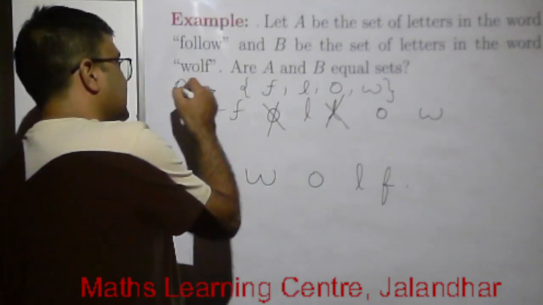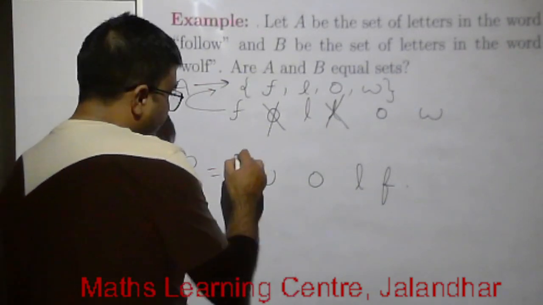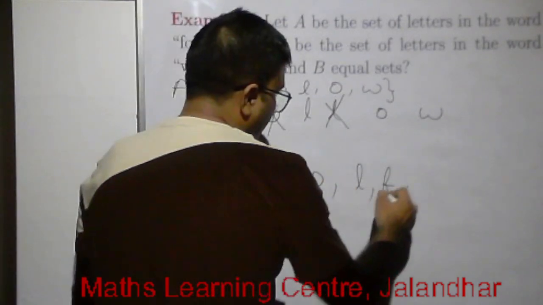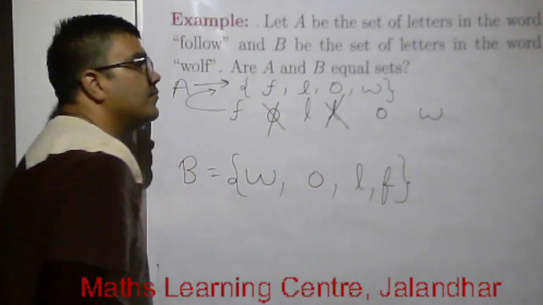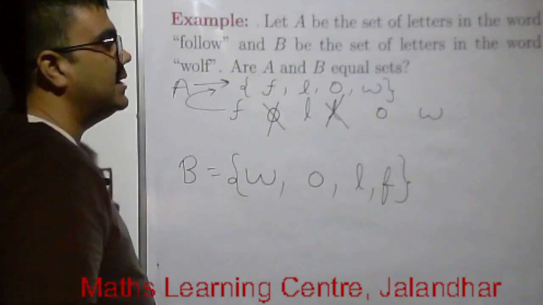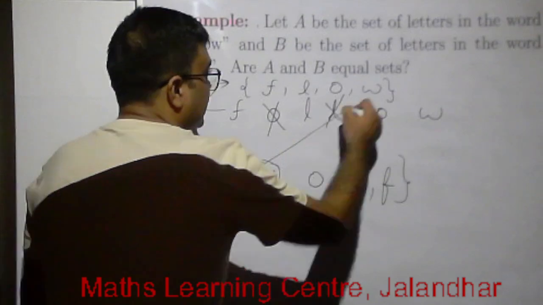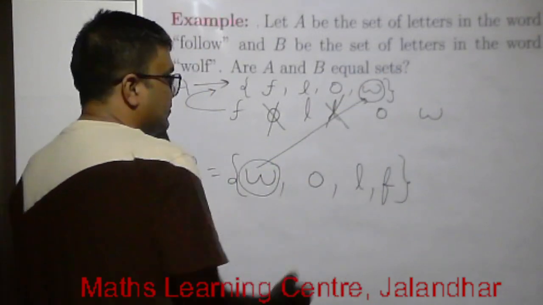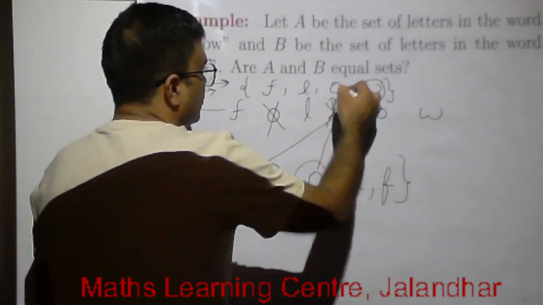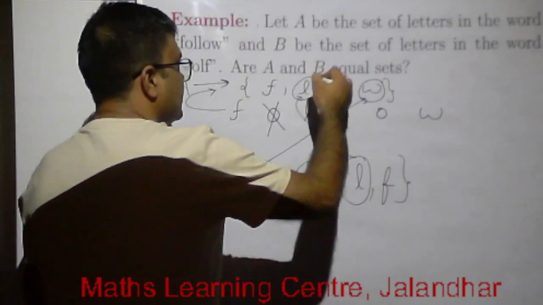Say this is the set A. We have the set B, it has elements W, O, L and F. Repetition of elements and order of elements doesn't change the set. W is there, W is there, same element. O is there, O is there, same element. L is there, L is there, same element.